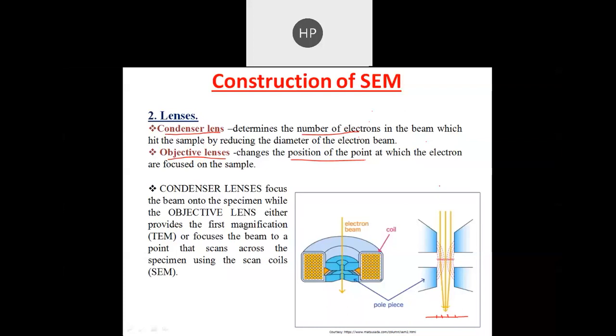In TEM it will provide the first magnification. In transmission electron microscope, we are going to see in our upcoming lecture. While in SEM it will focus the beam to a point that scans across the specimen using the coils. So in both the two different equipment, the objective lens purpose is different.